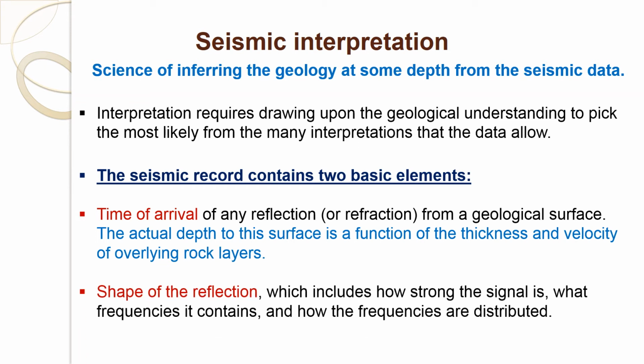The second element is the shape of reflection, and we have talked about that many times: the configurations, the patterns. So the shape of the reflection includes how strong the signal is, what frequencies it contains, how these frequencies are distributed, and other information, continuity, amplitude, all this stuff.